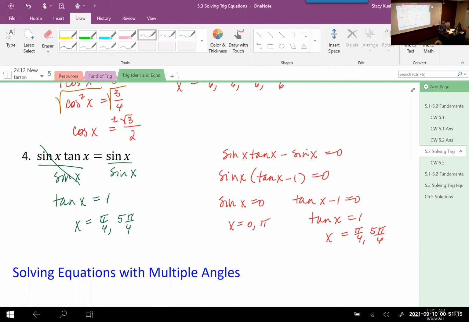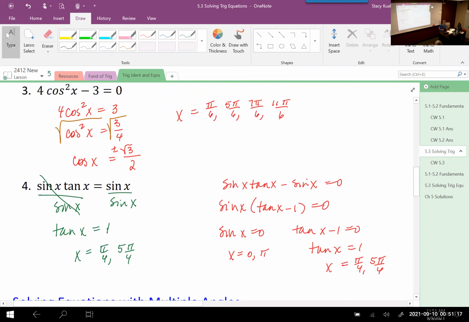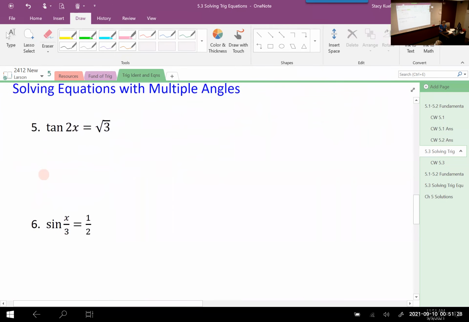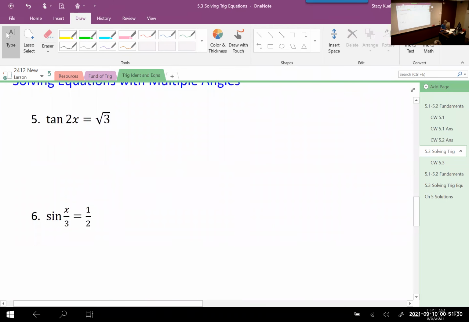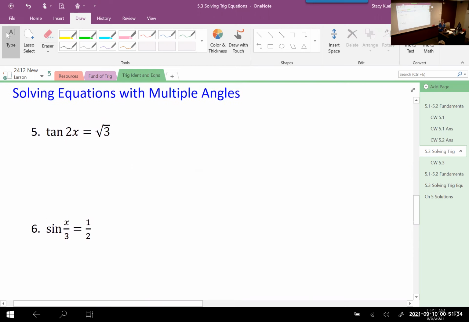Okay. So that's really kind of the algebra that you're used to. It just looks a little different because we've got sine words in there, but in essence, the process is the same, right? This next one is a little bit different, where I want to solve equations that have multiple angles or half angles, so to speak.